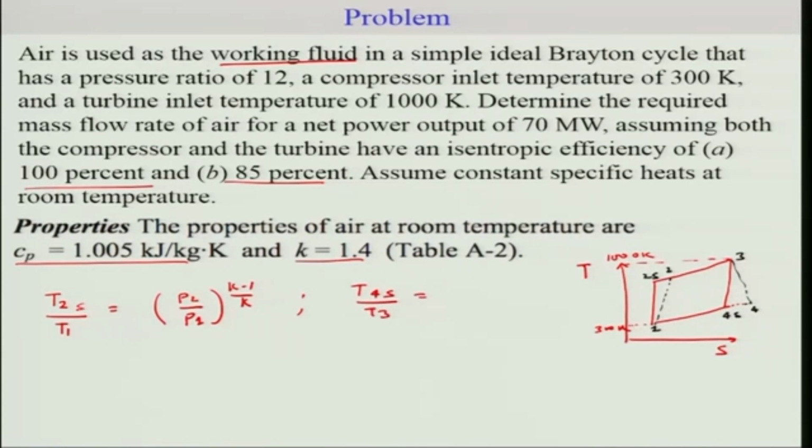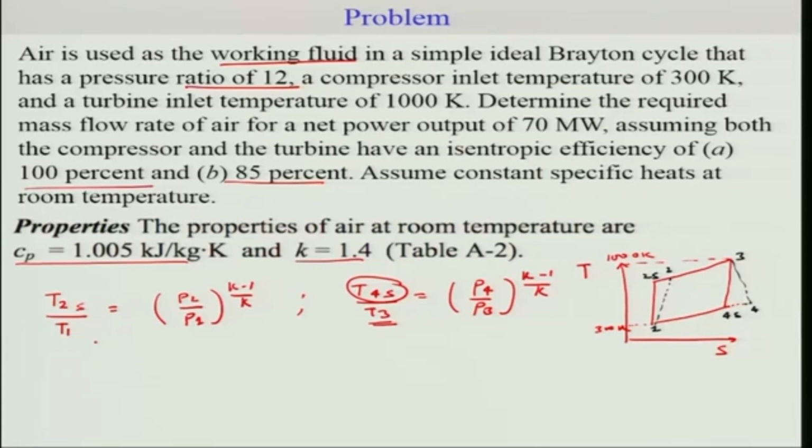We don't know T2S, but we are aware of the pressure ratio. Because this pressure is constant, P2 over P1 is 12, so we are aware of the pressure ratio, hence we can calculate T2S. Similarly, we can calculate T4S because we know T3.